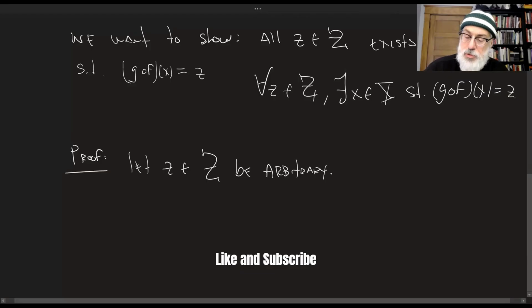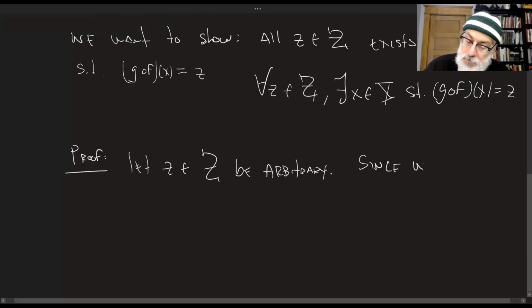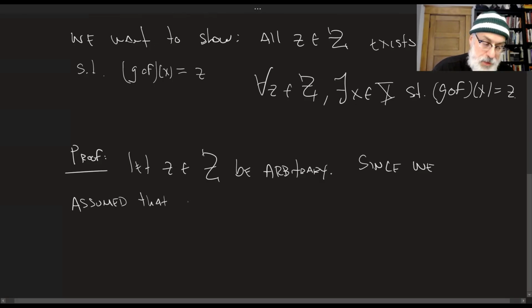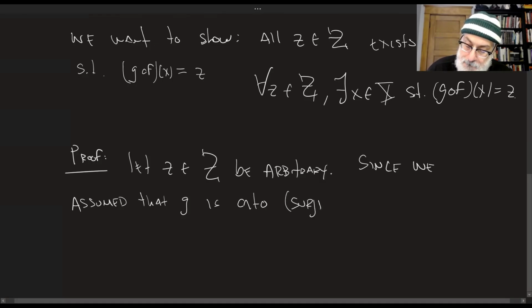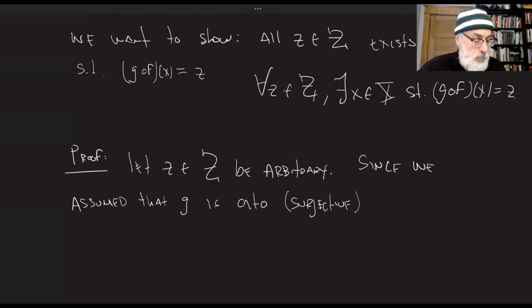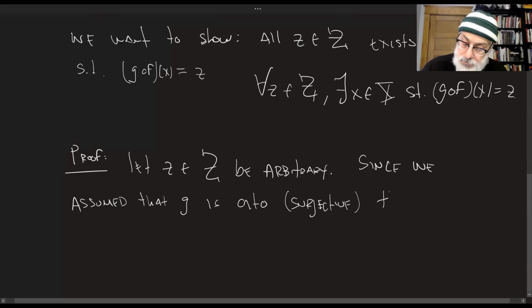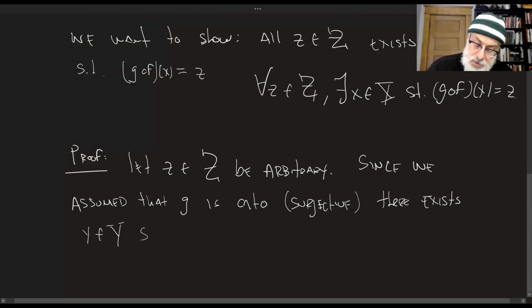So the first thing we're going to notice is that since we assumed that g is onto, again, surjective, depending upon your book, text, professor, both mean the same, there exists a y in Y such that g of y is equal to z.